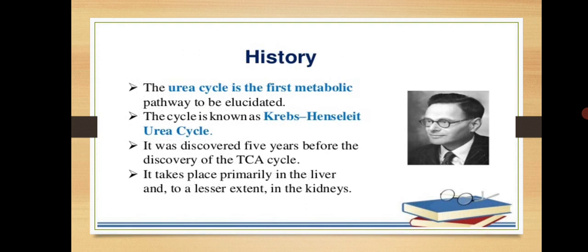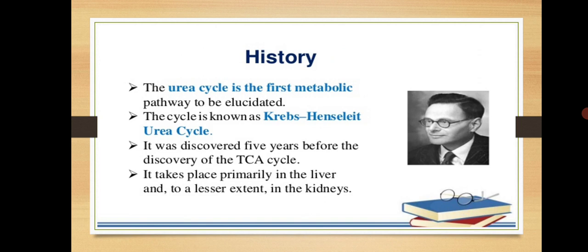If we look at the history of the urea cycle, which is also called protein metabolism, it is the first metabolic cycle, the first metabolic pathway to be introduced. It was discovered by the scientist Krebs-Henseleit. Hence, it is also called the Krebs-Henseleit urea cycle.